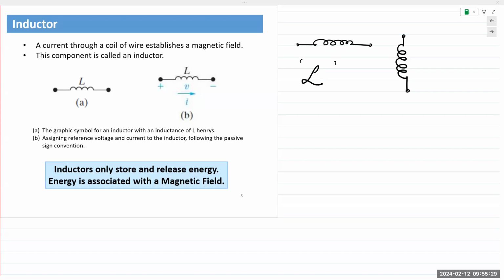Okay, uppercase L. If it's lowercase, it stands for length. Uppercase L in electrical engineering or in general physics notes inductance.